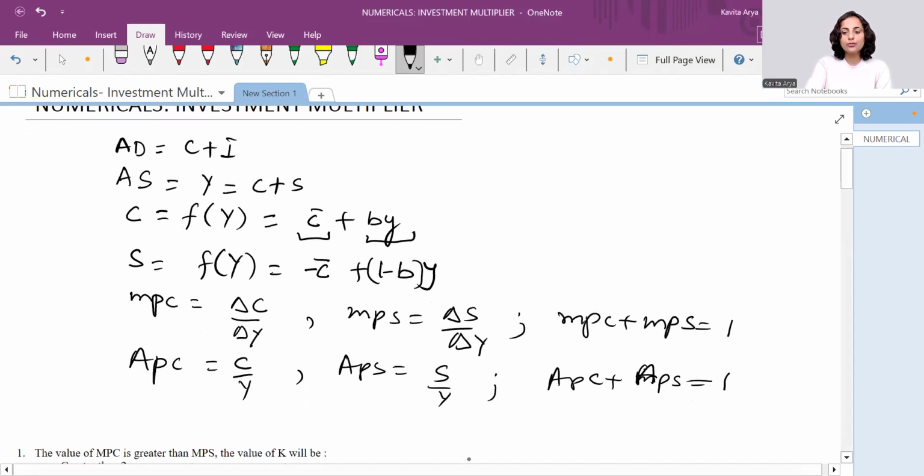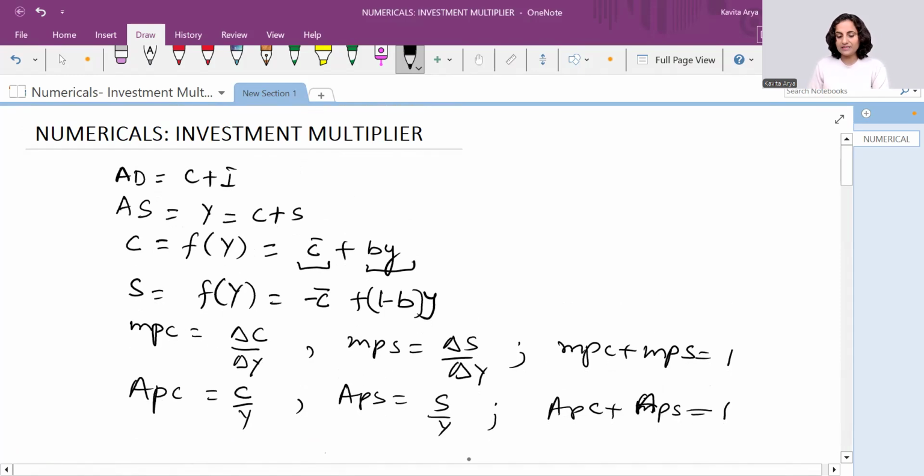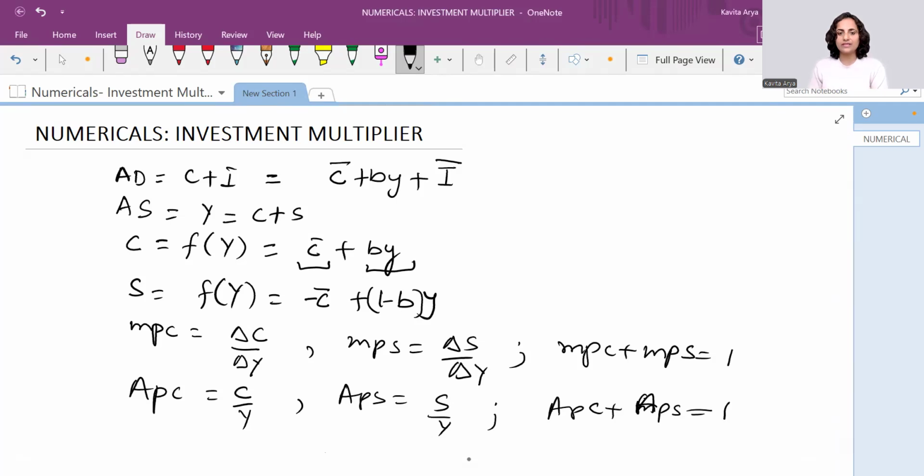One more thing which you should keep a note of is AD is equal to C plus I. And if we want to talk about this in expanded form, it becomes C bar plus BY plus I bar. The writers call it I bar because for the whole chapter, I and C bar are constant values.